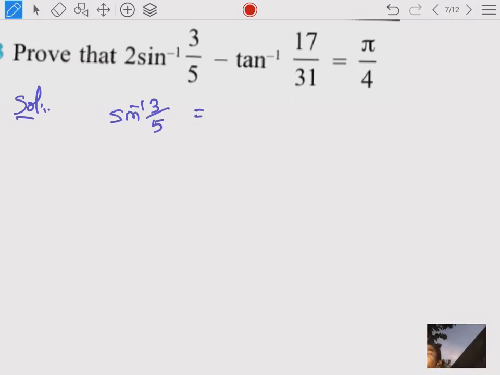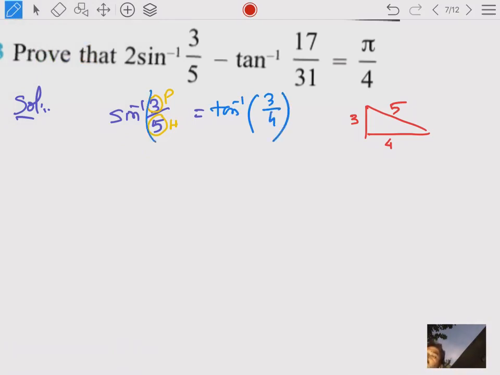For this, let 3 be the perpendicular and 5 the hypotenuse, and you have to make a triangle with perpendicular 3, hypotenuse 5, then the base is 4. When we convert into tan inverse form, it is tan inverse 3 by 4.